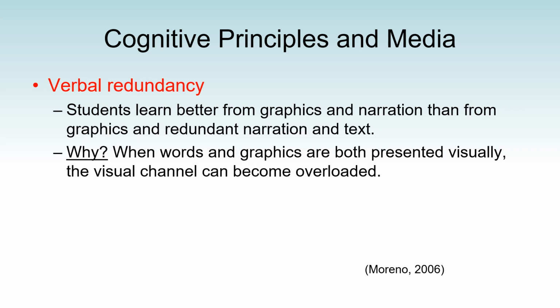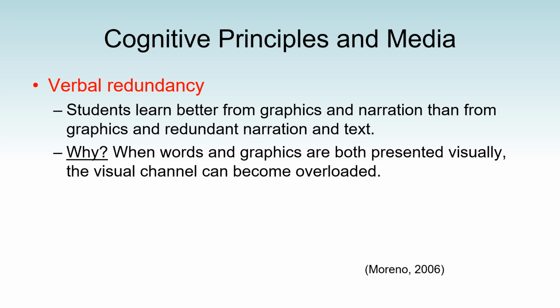A second cognitive principle is verbal redundancy. In other words, having graphics, having text on the screen, and then reading the text on the screen as part of the educational product. Why is this a problem? Well, because you've got words and graphics, all happening visually, and then the text is being read also.